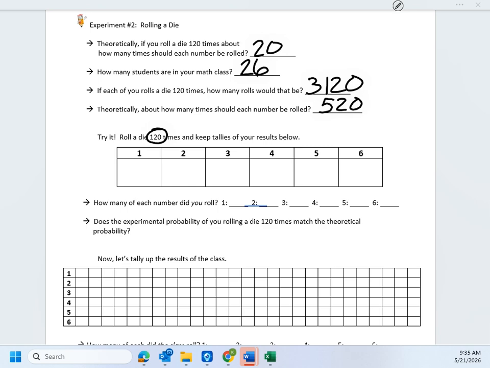That's just weird. My dad's a professional dice player.